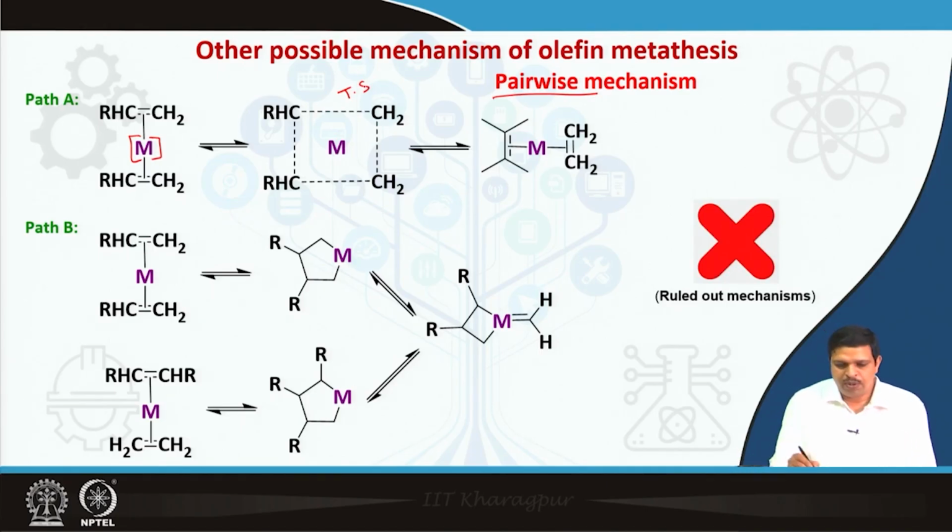And what happens, you will see here that we will be getting the alkenes, here the alkene CH2CH2. So this is the ethylene.